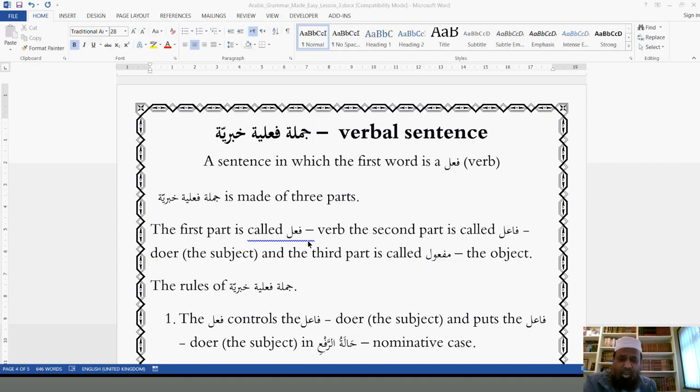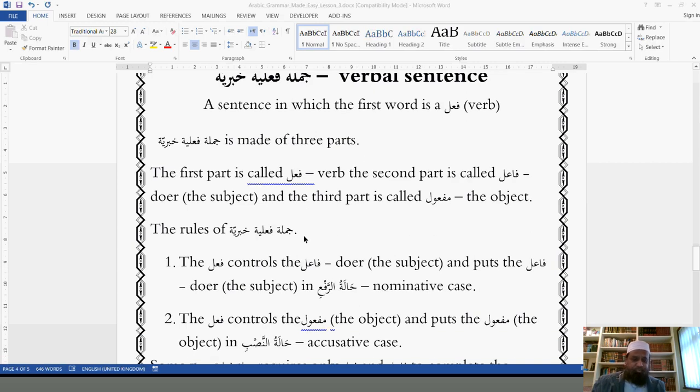Now we know fa'il will always be in halatul rafa, which means it will have either dammatain or a damma. Rule number 1, the fi'l governs the fa'il and takes the fa'il into halatul rafa.